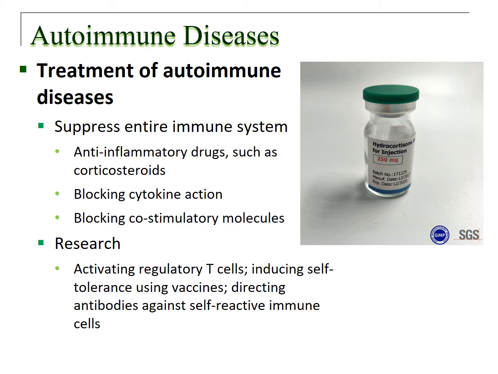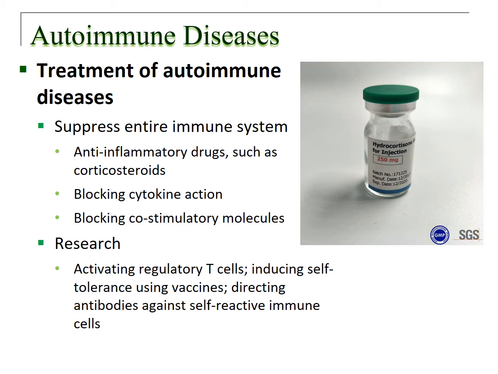You can also block cytokine action, which will cut down on the production and the activity of T and B cells. And you can also block co-stimulatory molecules like interleukin-2. Current research is going into activating regulatory T cells.